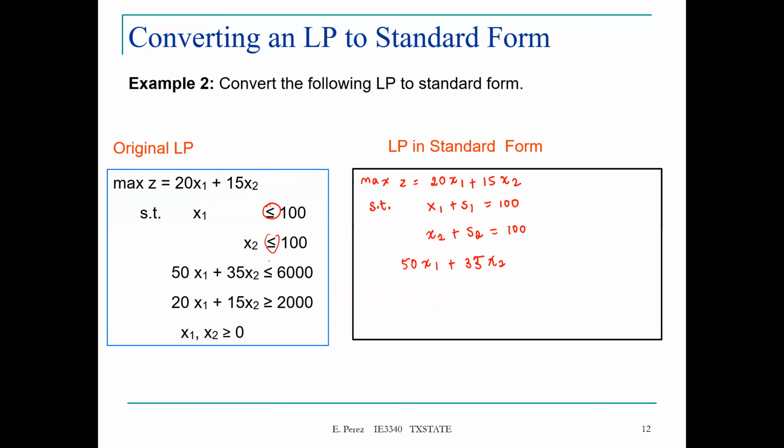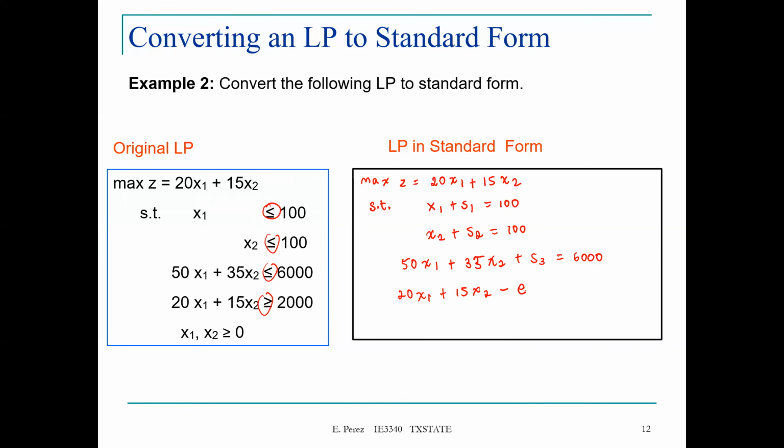This is also less than or equal to, so we add another slack variable, S3, equals 6,000. And then we go to this one, which is an inequality greater or equal to. So we have to subtract an excess variable. So it's 20 x1 plus 15 x2 minus E.